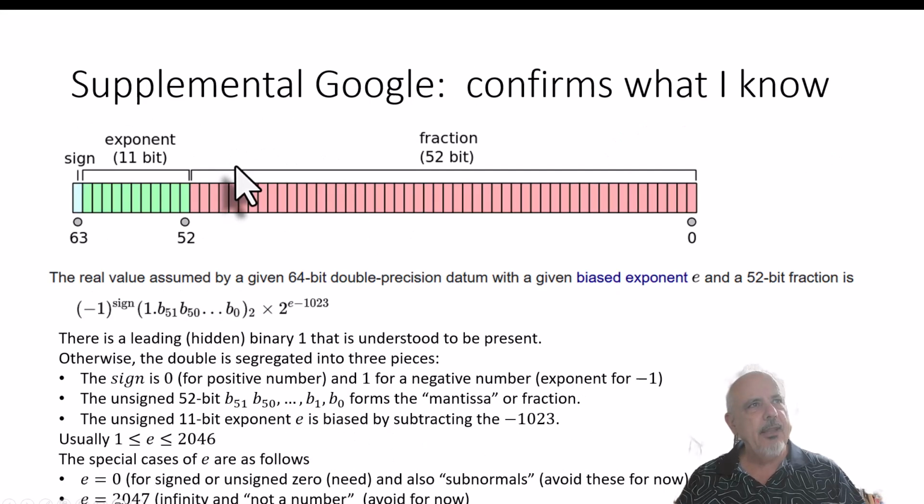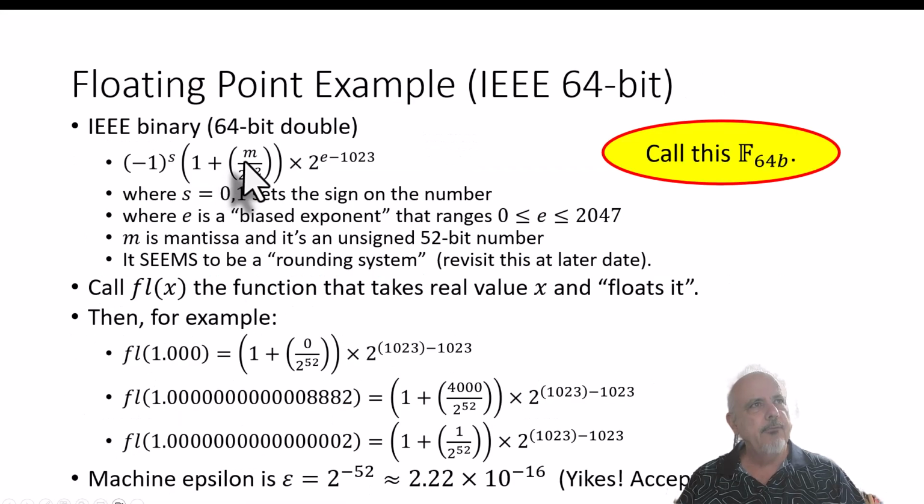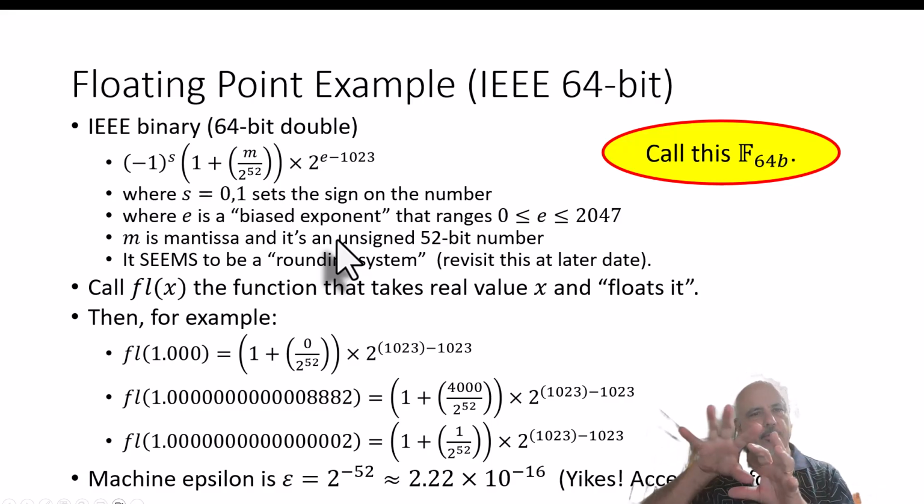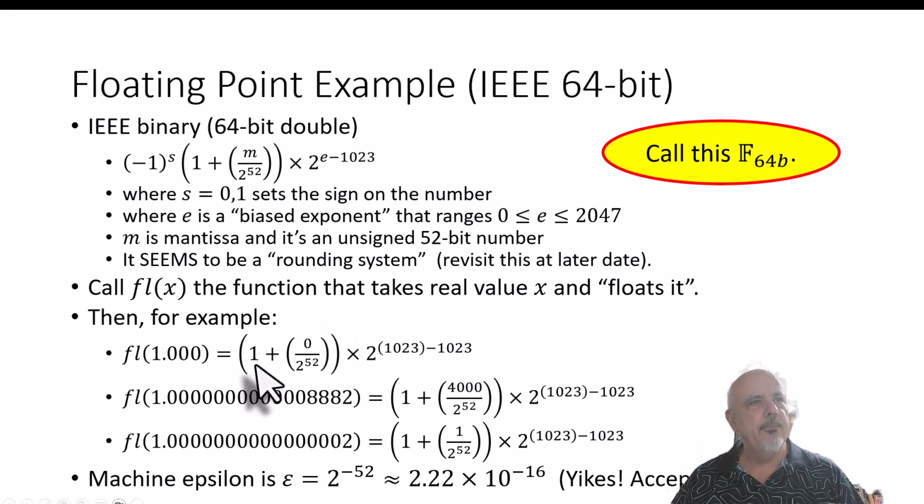In this representation, I could divide M by 2 to the 52 power, add that to 1, and then multiply by 2 to the biased exponent, E minus the bias. So that represents how the 3 pieces would give you back that floating point number.